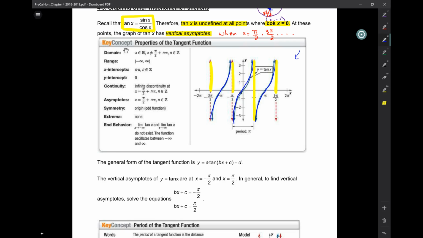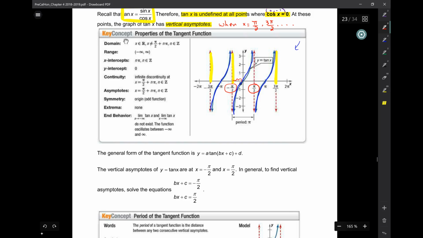So if one cycle goes from negative pi over 2 to pi over 2, how much of a distance is that? We have half a pi here, another half a pi there. In total, we have 1 pi. So the period of the tangent is no longer 2 pi, it's 1 pi.